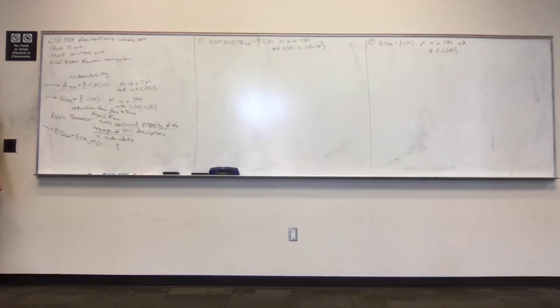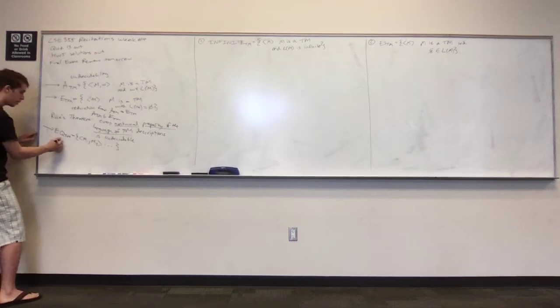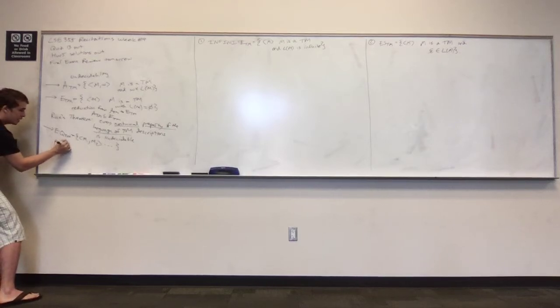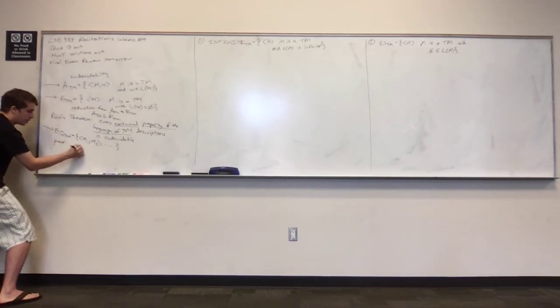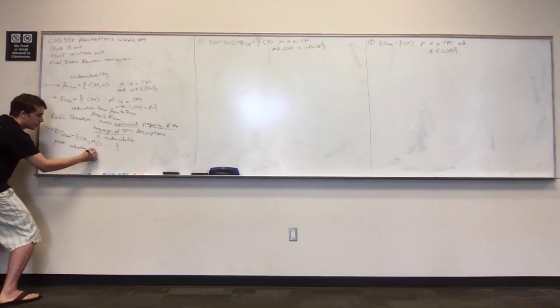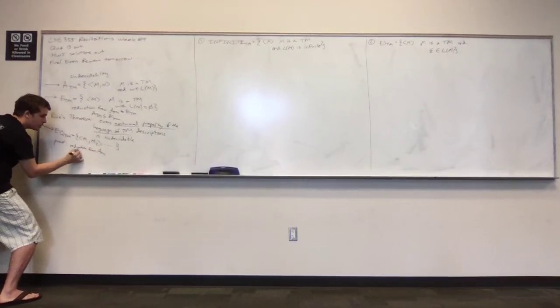What did we reduce from and to? What's an easy language to use a reduction from that we've used over and over? ATM. So the proof of this was reduction from ATM to the property.